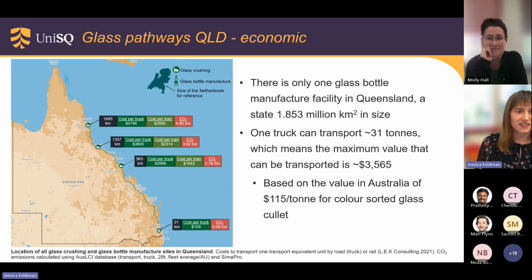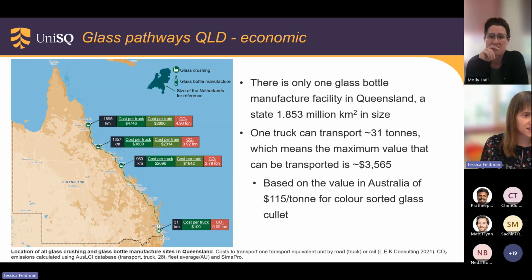So what this means is that if you're recycling glass back into glass bottles, then the cost just from transport alone can really completely prohibit that being an option the further away you are from Brisbane. And I've put here the cost per truck to transport about 31 tonnes, and also the cost per train, and also the carbon emissions from this transport.